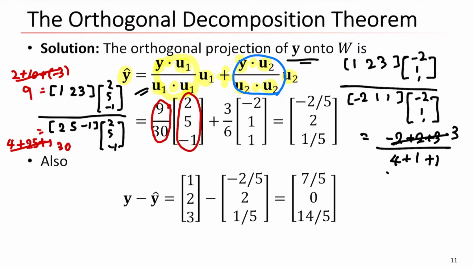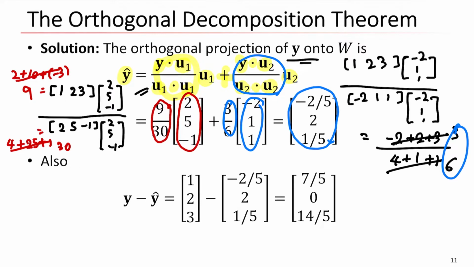So this is 3, and this is 6, and this is u2. Then the summation of these two terms is equal to negative 2 over 5, 2, and 1 over 5.